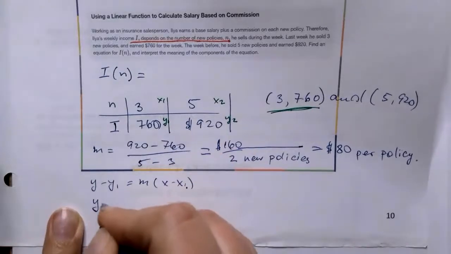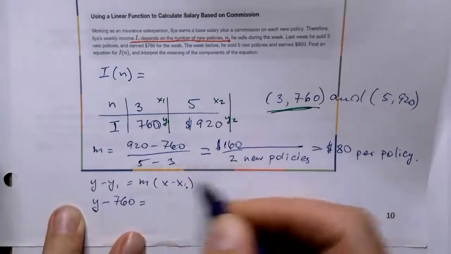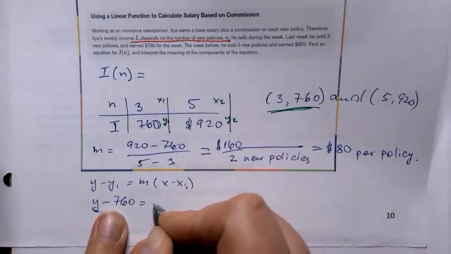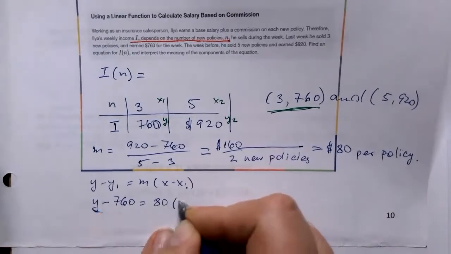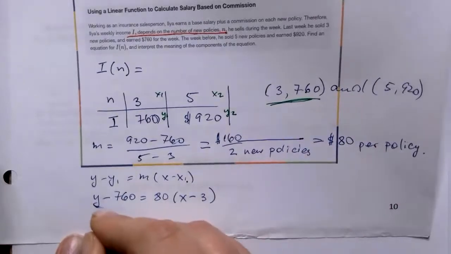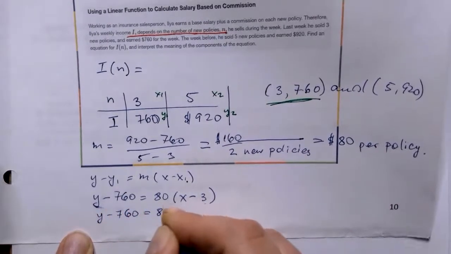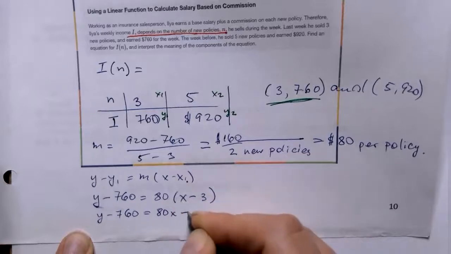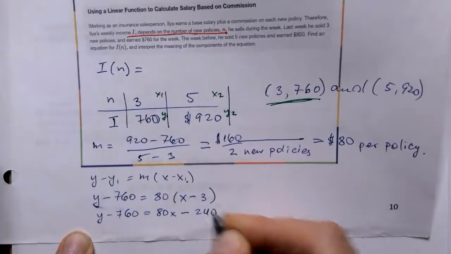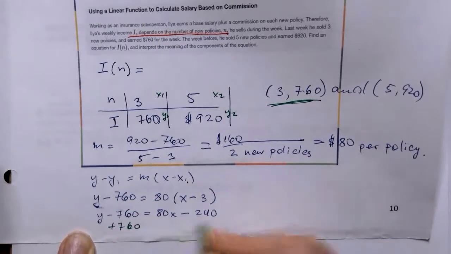So I have y minus 760 equals m, I just found it to be 80, times x minus 3. Okay, so y minus 760 equals 80x minus 240. And then I'm going to add 760 to both sides.